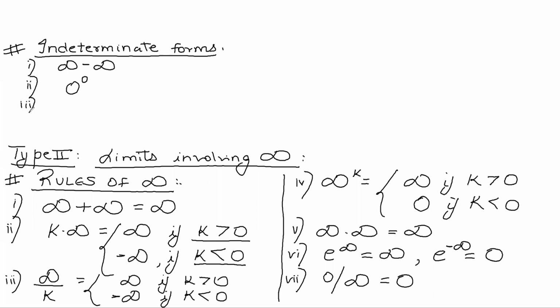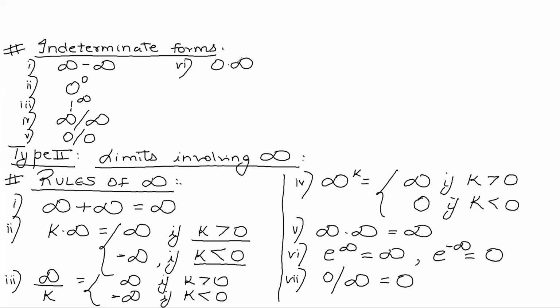Third indeterminate form, 1 to the power infinity. You cannot find the answer to this. Fourth indeterminate form, infinity by infinity. We don't know the value of infinity by infinity. Fifth, we don't know the value of 0 by 0. Sixth indeterminate form, we don't know the value of 0 into infinity. So please don't think that 0 into infinity is 0. We don't know the value of this.